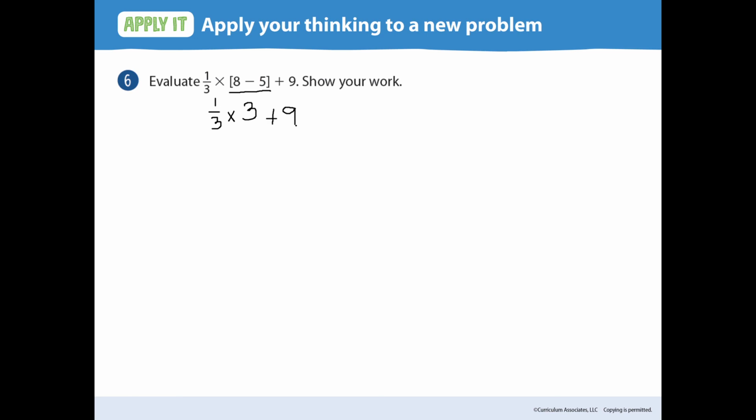Now thinking about our order of operations, PEMDAS, we have multiply or add, and the multiply part comes first. 1/3 times 3 is 1/3 of 3, so we can take 3 divided into thirds. 3 divided by 3 is 1, and then we only have 1 plus 9 left, which equals 10.